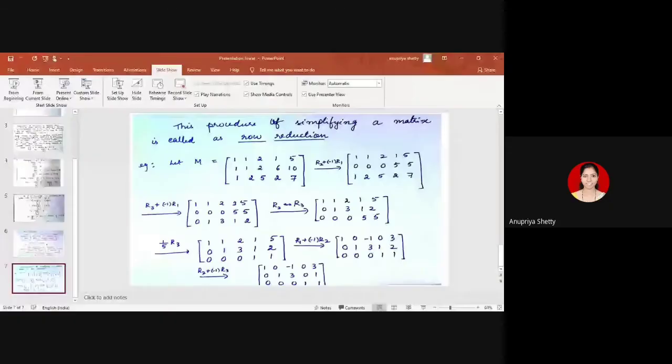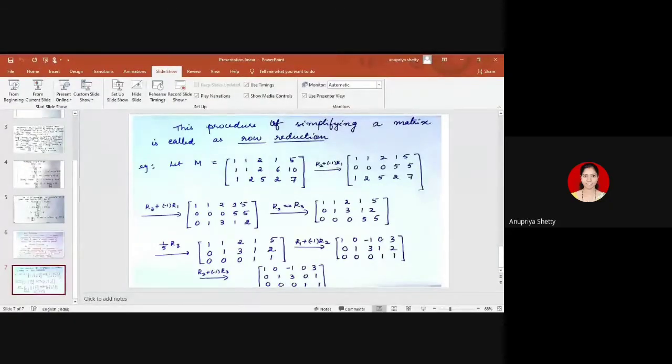Was the slide visible earlier? Yes, ma'am. Now it's not visible. I have joined back because I'm presenting using my laptop. It's visible now, ma'am. Yes, yes.